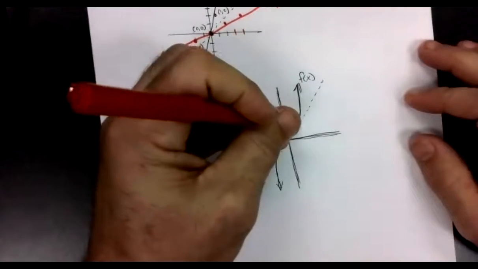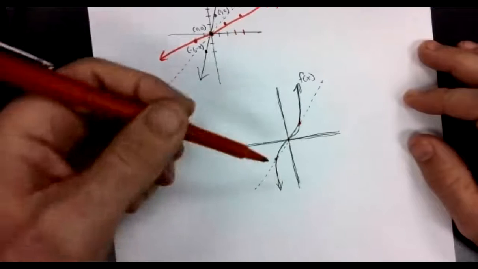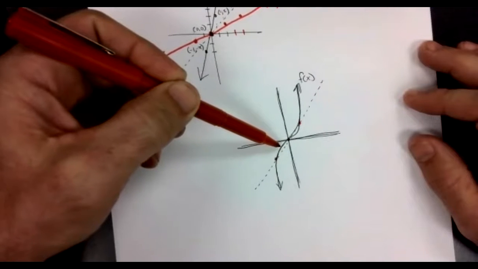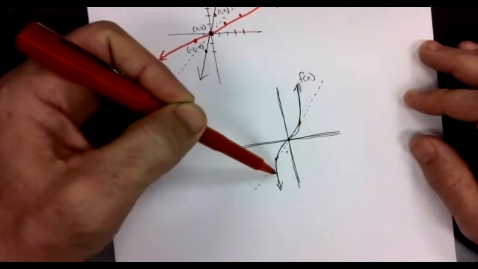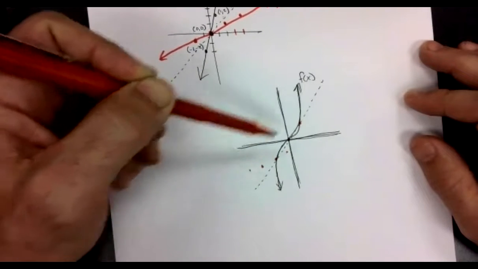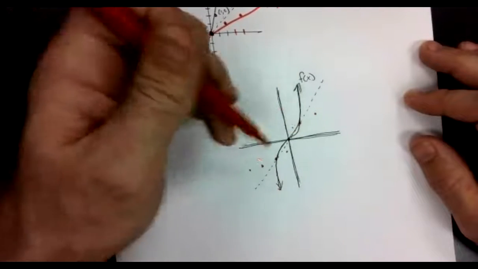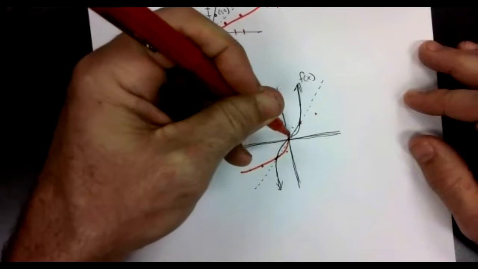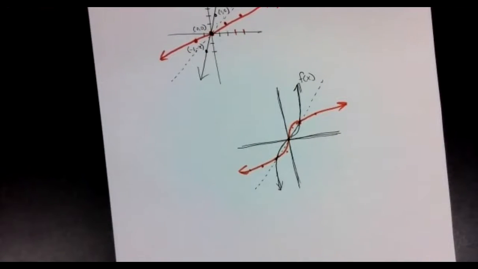So again, each point is going to reflect over that axis. So this point here is going to reflect over that line. This point here is going to reflect over that line. This point here is going to reflect over that line. So again, you're reflecting over those lines. And the inverse function would end up looking like that.